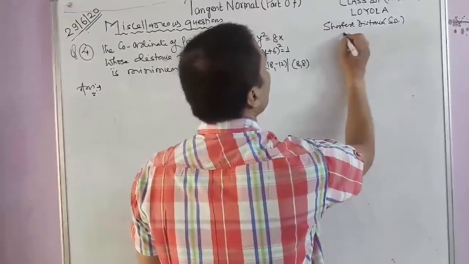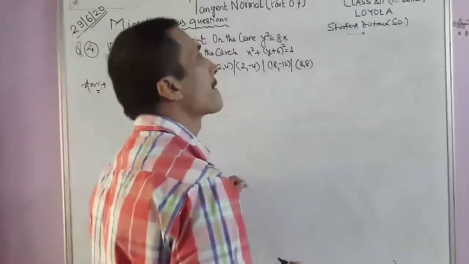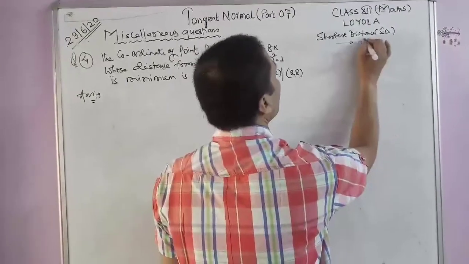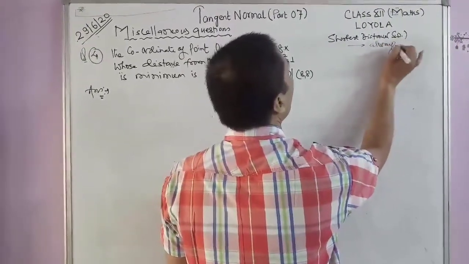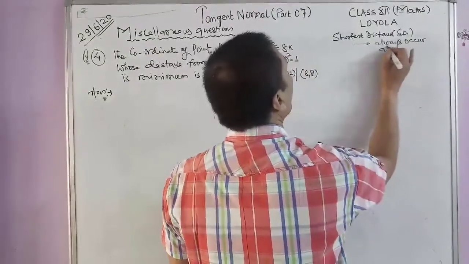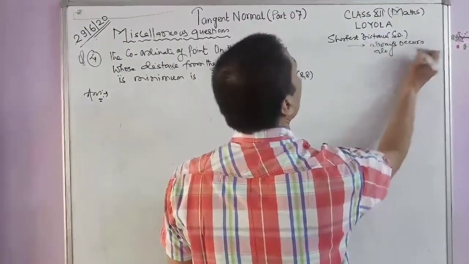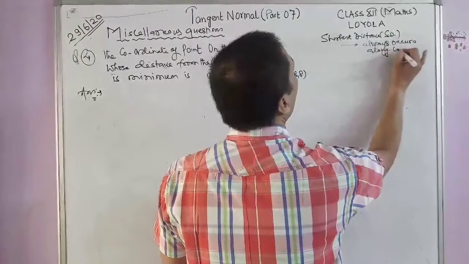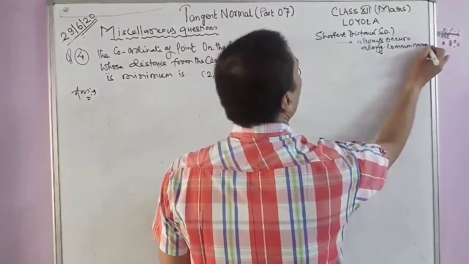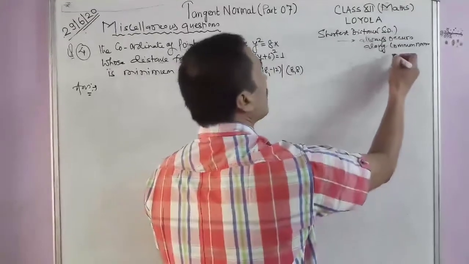Shortest distance between two given curves always occurs along the common normal.